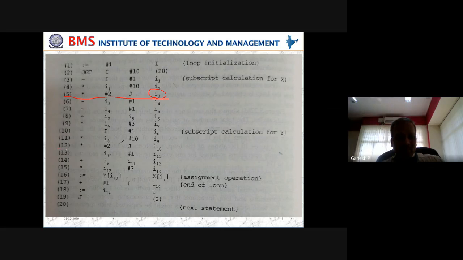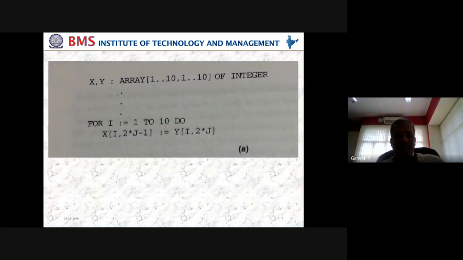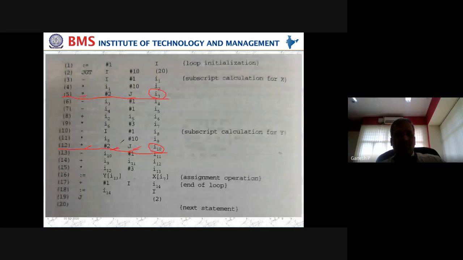If you come to line number 12, you see the same functionality: multiplication, number 2, j. The only difference is, instead of I3, we have I8. So I3 and I8 are only intermediate names. They are not going to be very crucial. What is crucial here is the multiplication operation and the operands involved. They remain the same at line numbers 5 and 12 for the given array of this category. So what is the use?